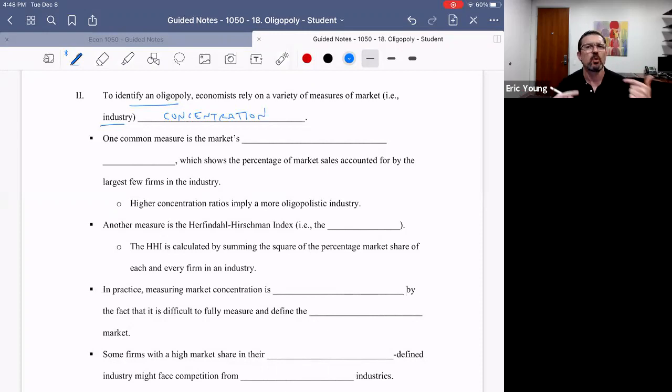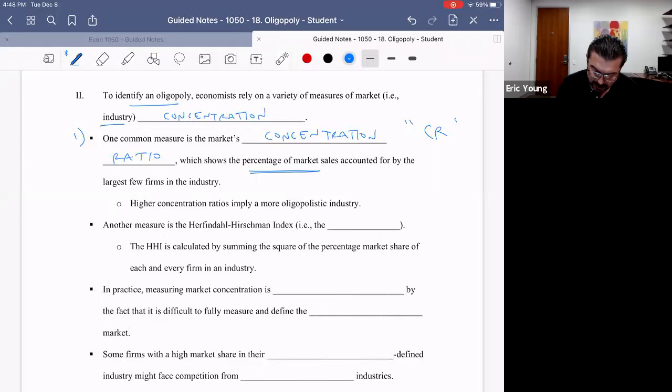There are basically two ways that we measure concentration in economics. One common measure is the market's concentration ratio, also known as a CR ratio. A concentration ratio shows the percentage of market sales that are accounted for by the biggest firms in the industry. So for example, you might see what's known as a CR4.